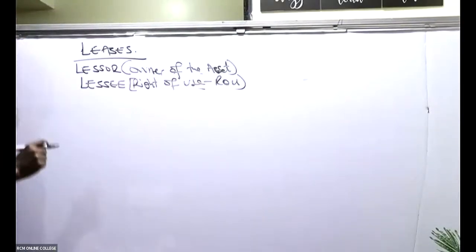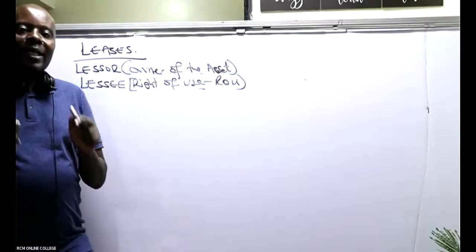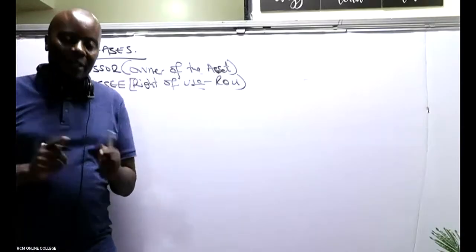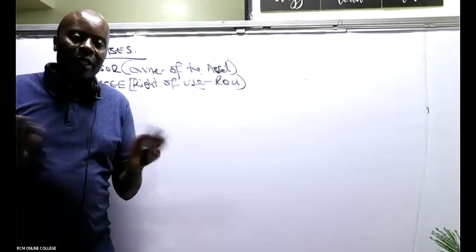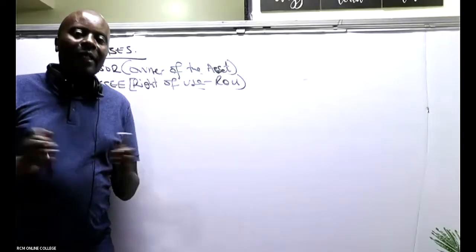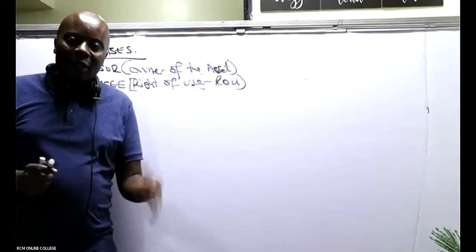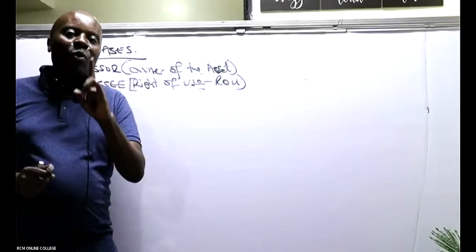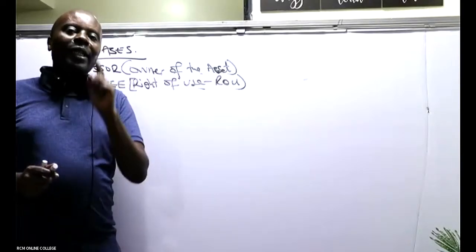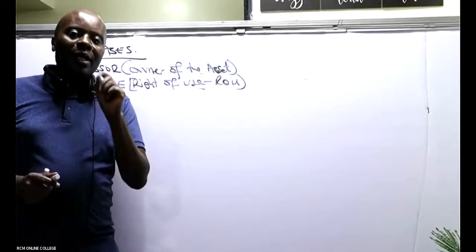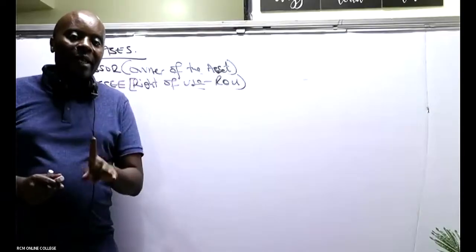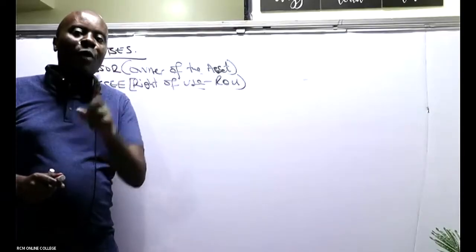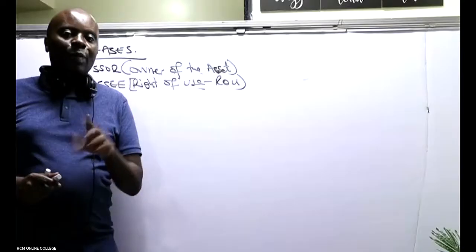So he's given the right to use this particular asset, which he doesn't own. And then at the end of each month, for example, or even at the beginning of each month, he'll be required to pay what we call lease rentals. He'll be required to stay in these premises for a specified period.